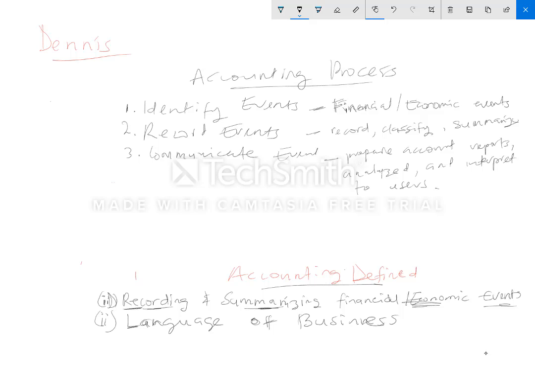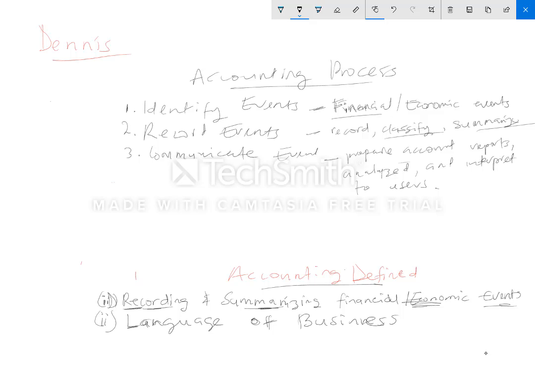Okay, so you have to do all this for this to work smoothly. Have to identify your financial events, record them, summarize, and prepare the account reports.